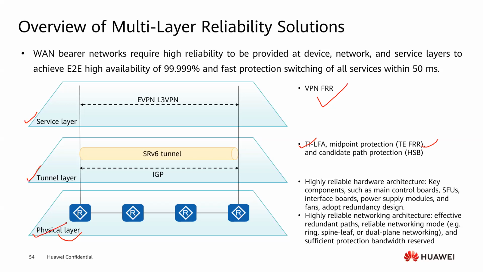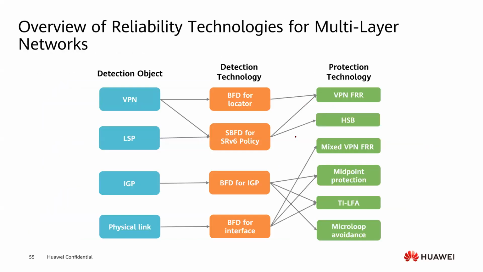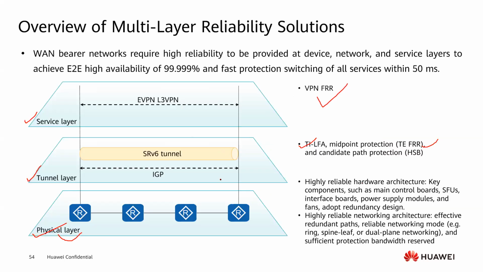And for the physical layer, for device high reliability, we can put in multiple backup components, like dual control boards, dual fabric units, backup parts for the key components, and also redundant links. This is for the physical layer. About the physical layer, we will not talk too much. We will focus on the tunnel layer and the service layer.